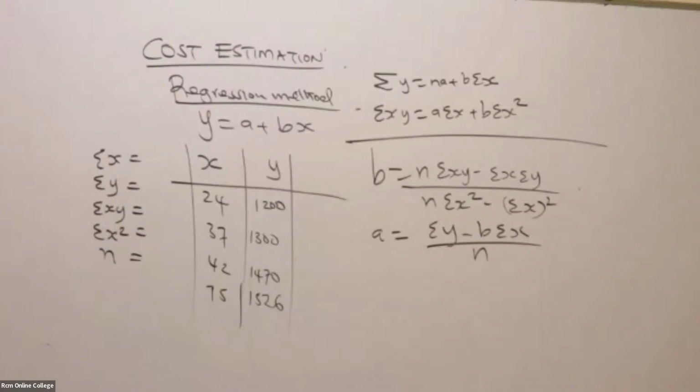Then Y we have 1200, 1300, 1470, and of course 1526. Good. So let me just share my screen with you.